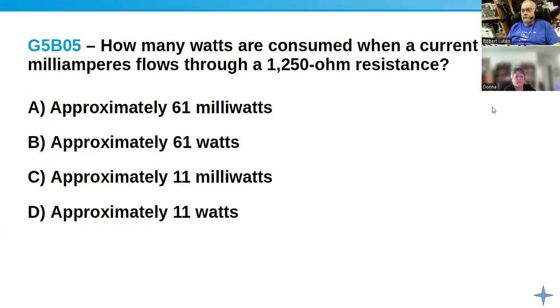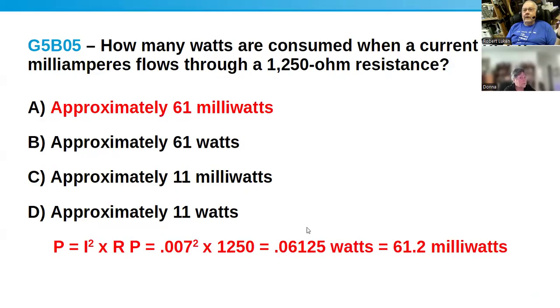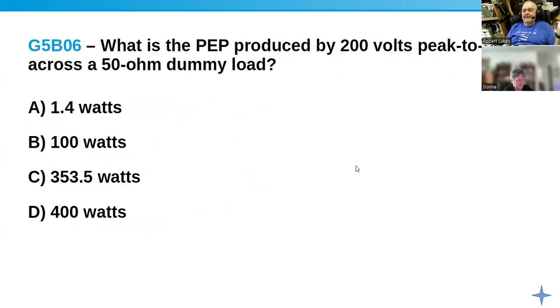You're doing milliamps with ohms, so that should be milliwatts. So I'm going with Alpha. Let's see how you're doing. That one can confuse you on the calculator if you're not familiar with it, because you get two of the same answers with just milliwatts versus watts. So if you're just looking at numbers, you can get hung up. Yeah, they do those things to confuse you.